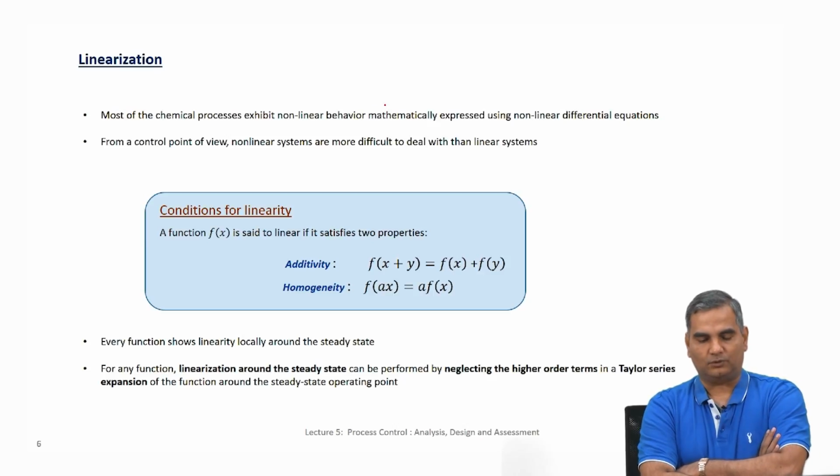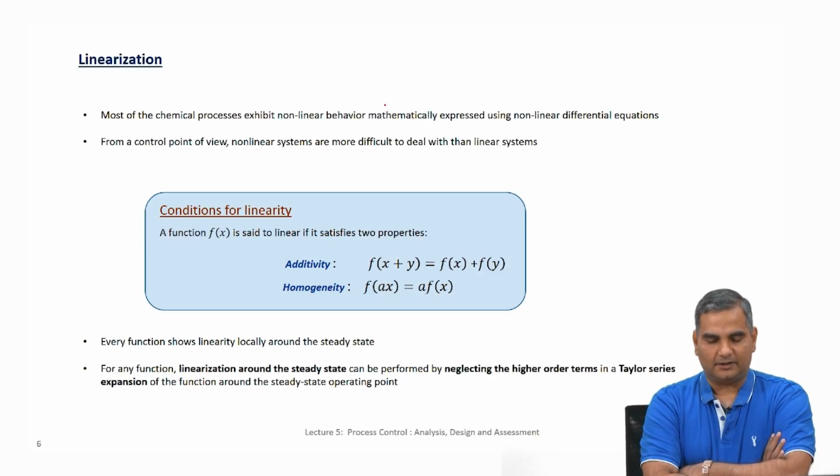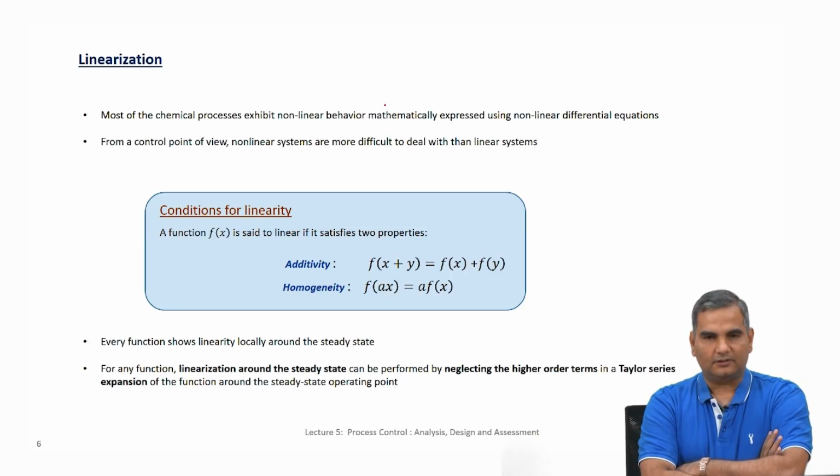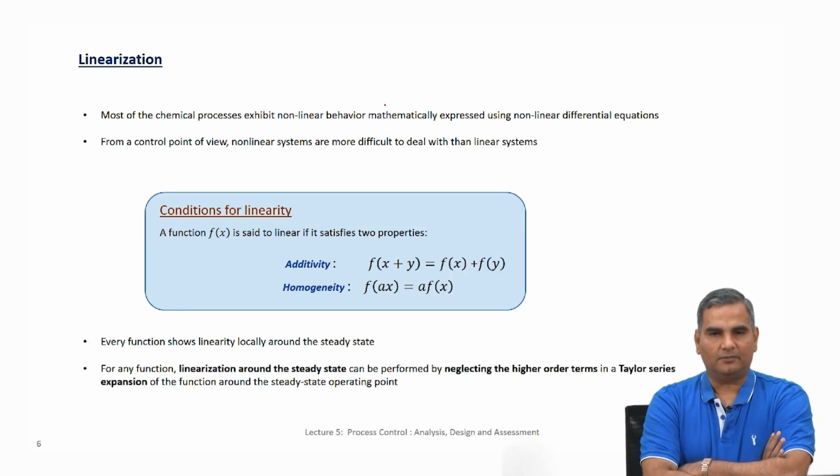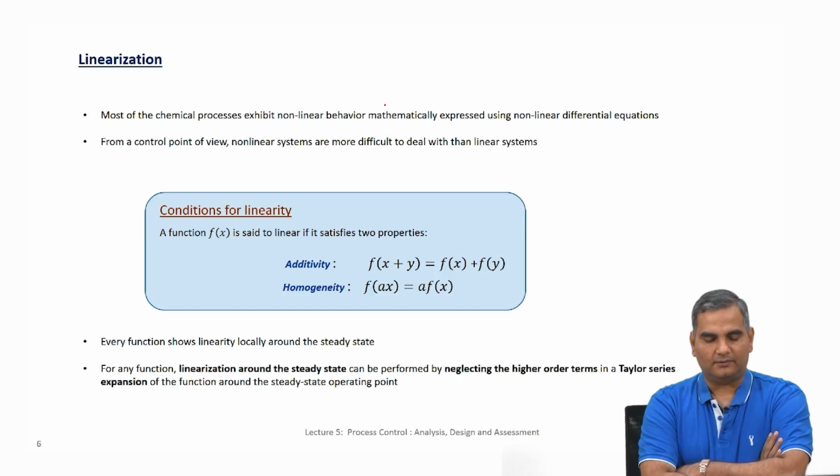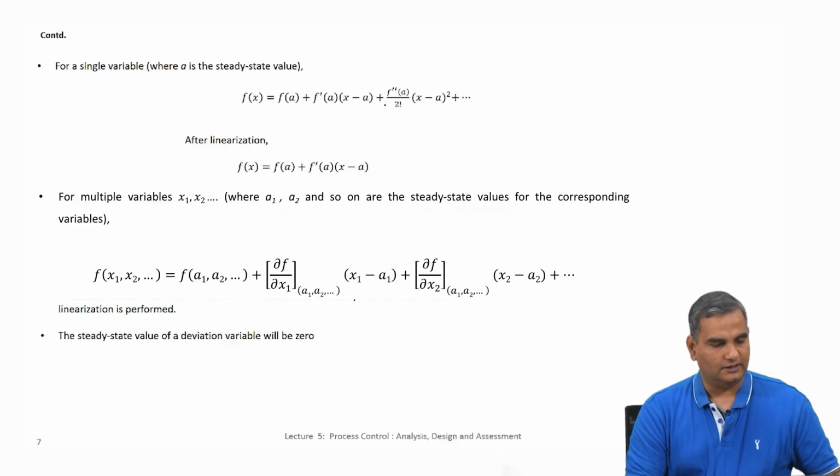So, f(x+y) is f(x) plus f(y). The other condition is called homogeneity, which is when I have a variable and I take a scalar multiple of the variable and evaluate the function f(ax), that has to be equal to the scalar multiple times the function value. So, if a function satisfies these two, we call this function linear.